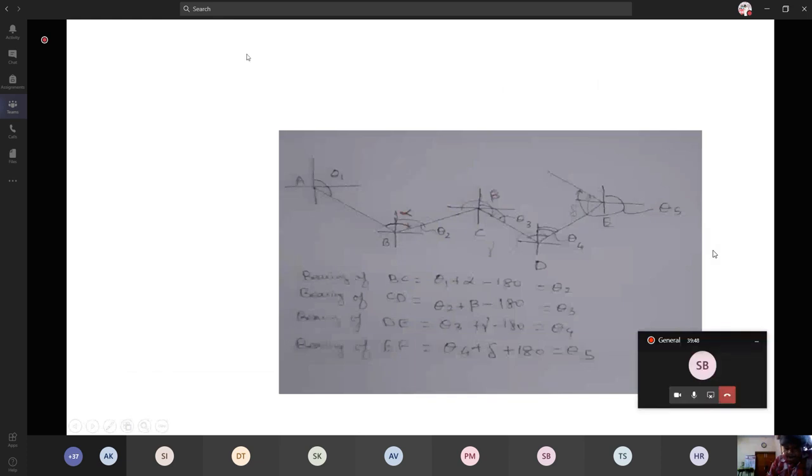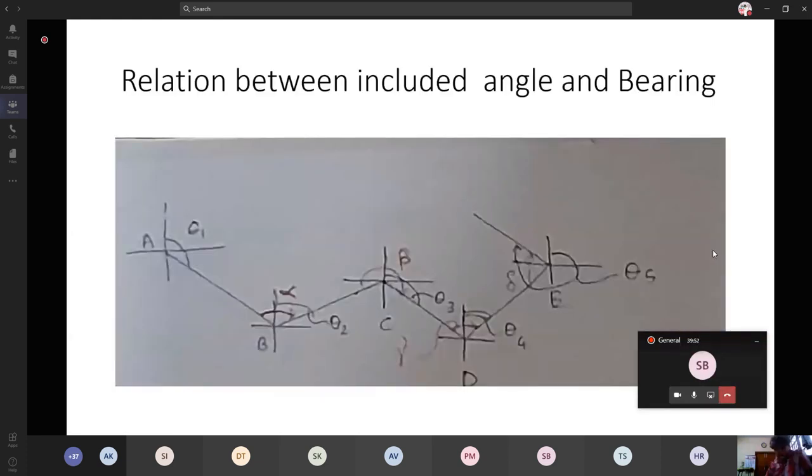Listen carefully, what is this angle? My pointer is moving. What is that angle? That is theta 1, sir. That is theta 1. Okay.